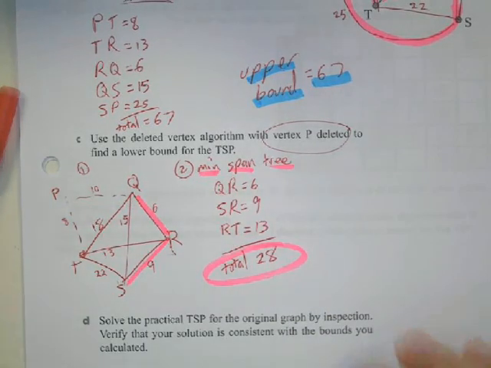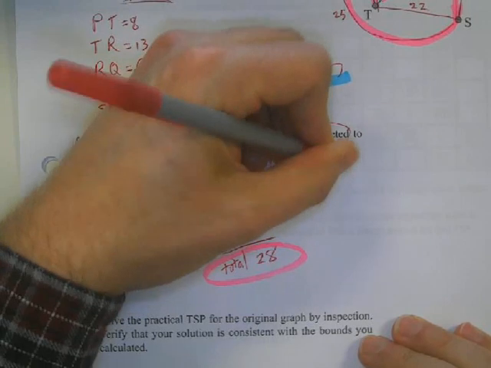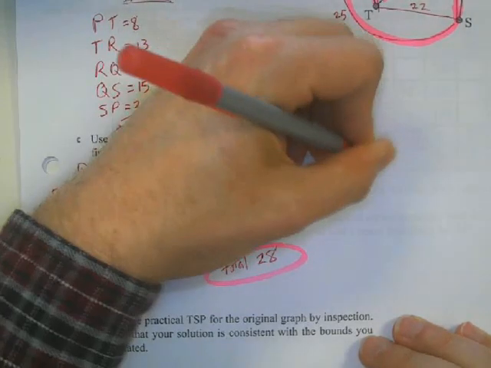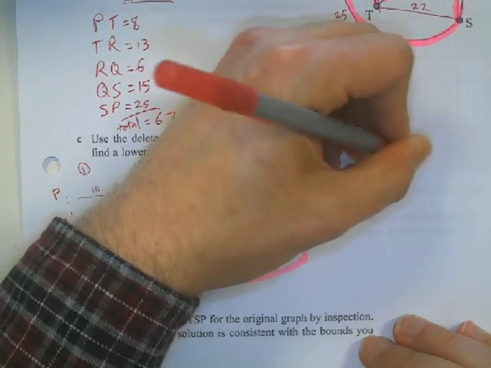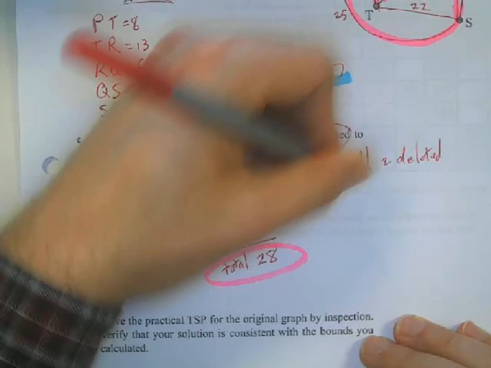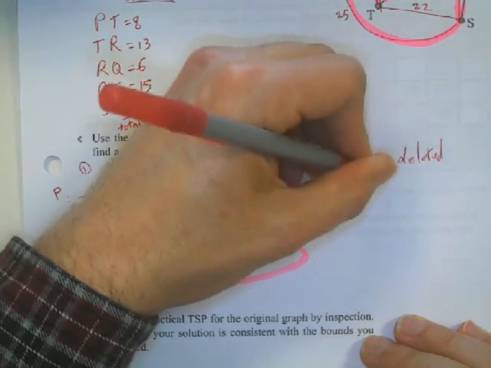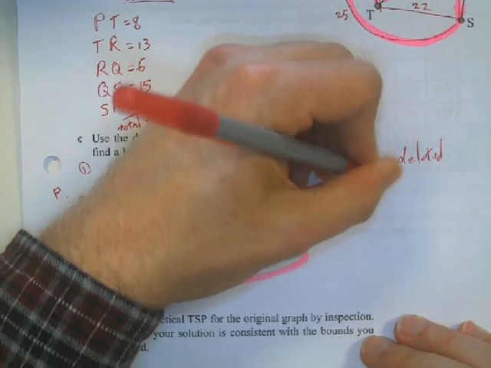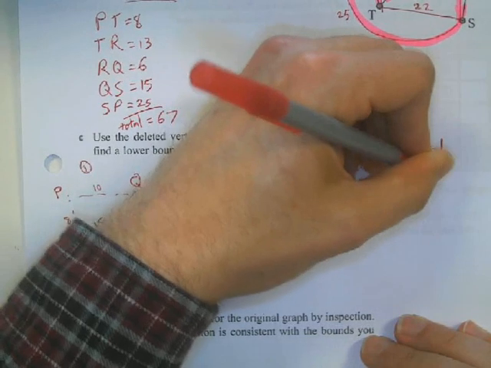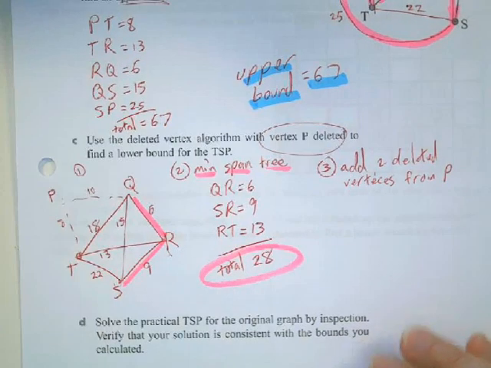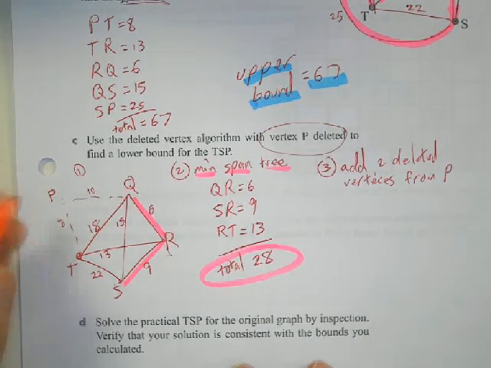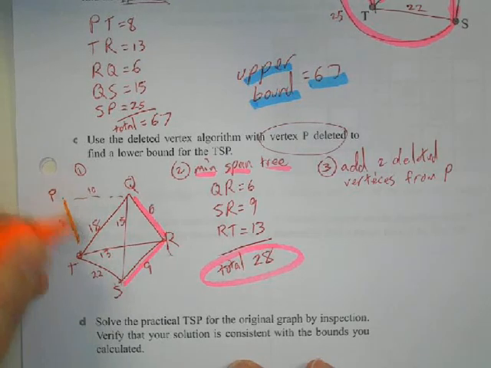So now the third thing is we're going to add 2 deleted vertices from P. Okay, so the 2 we're going to add are 8 and 10.